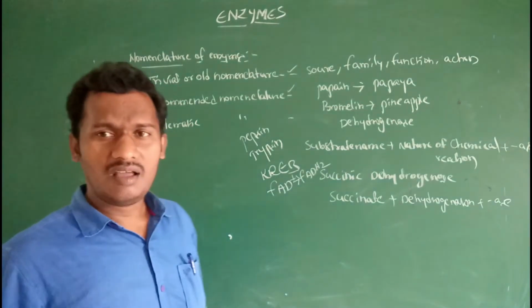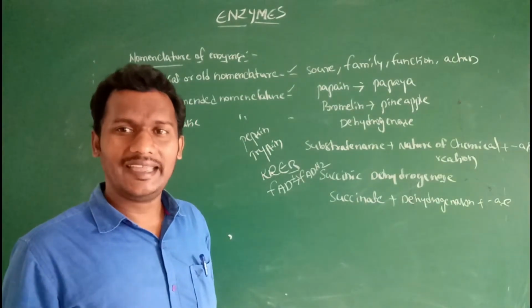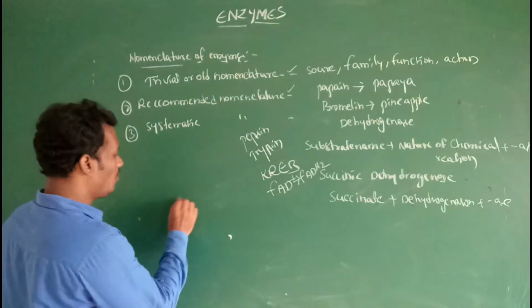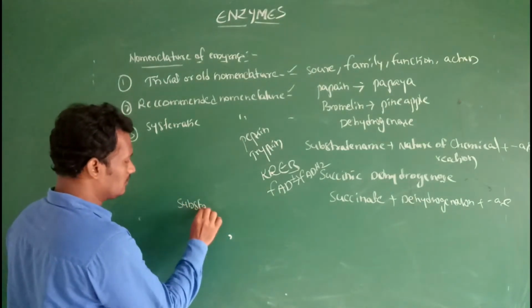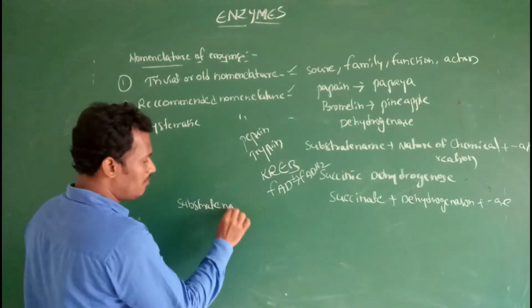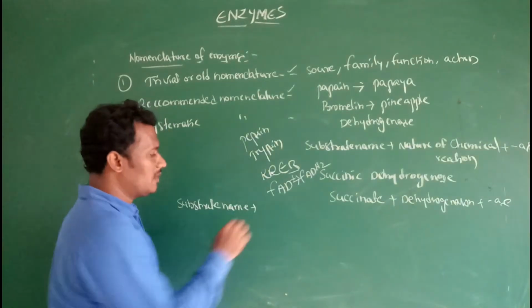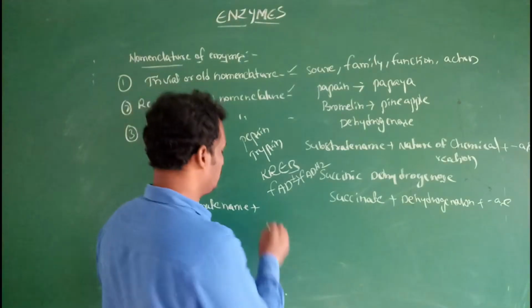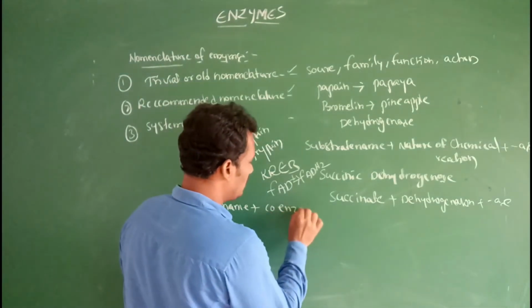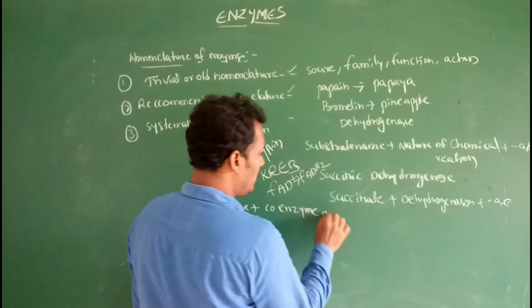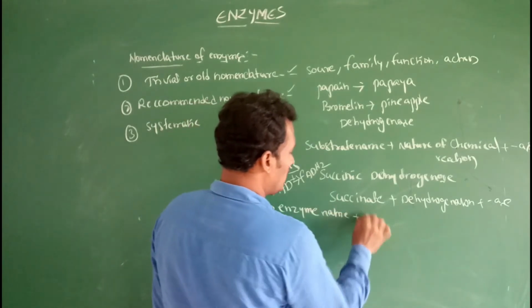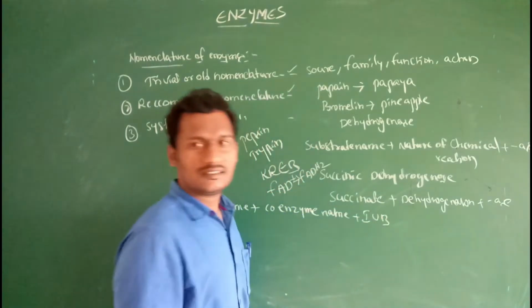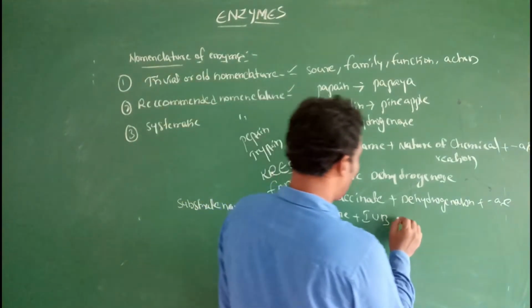According to this nomenclature, each enzyme name contains the substrate name. Next one, cofactor type, nothing but the coenzyme name.